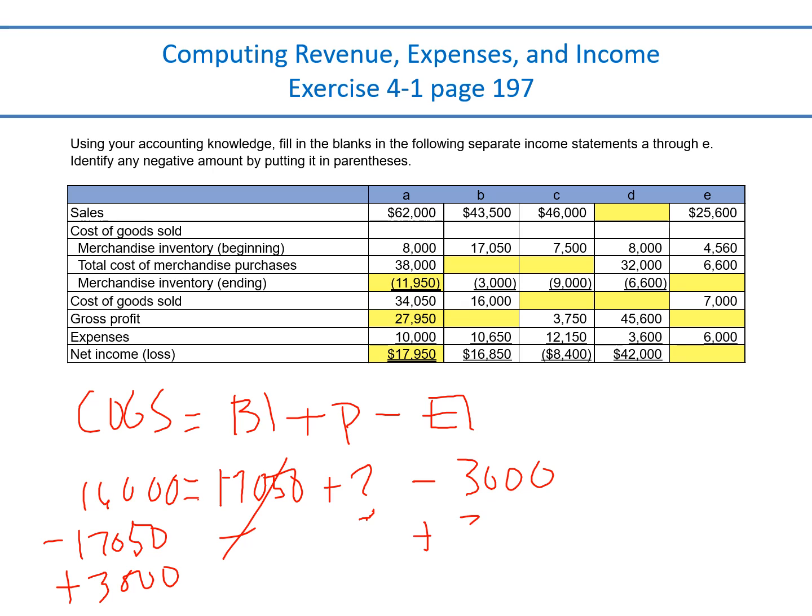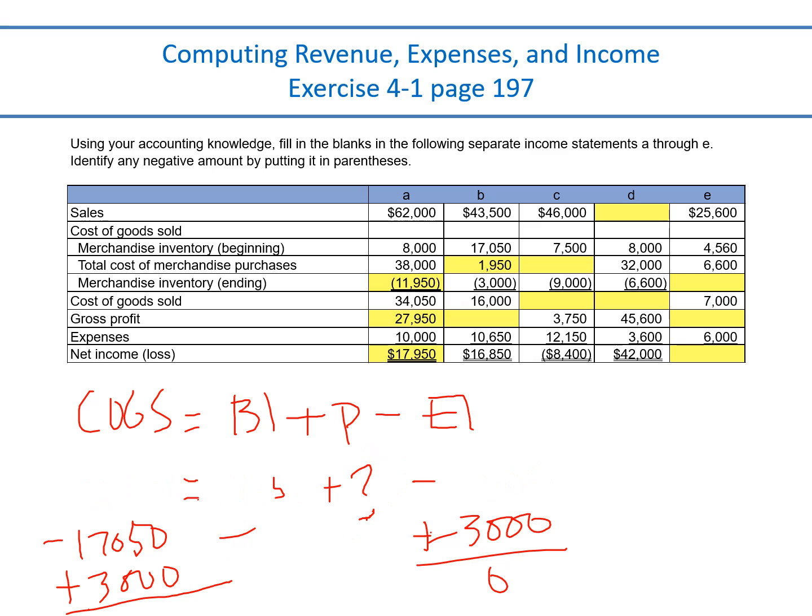This plus another 3,000 is a net of 0, right? Negative 3 plus 3 is 0. So we're left with 16,000 less 17,050 plus 3,000 is going to be equal to our x or our question mark that we're trying to solve for. So if we take $16,000 less 17,050 plus 3,000, that should mean our purchases are 1,950.